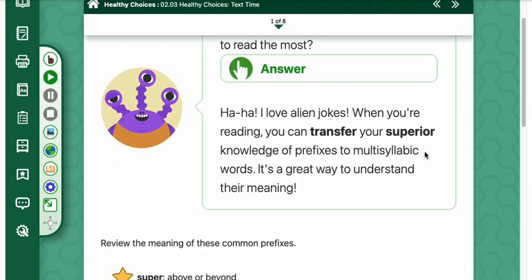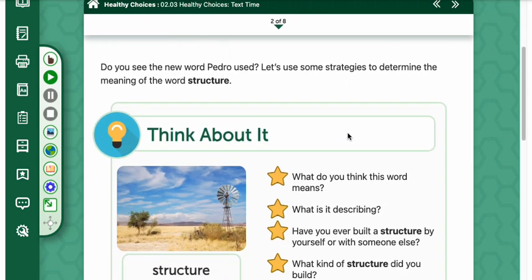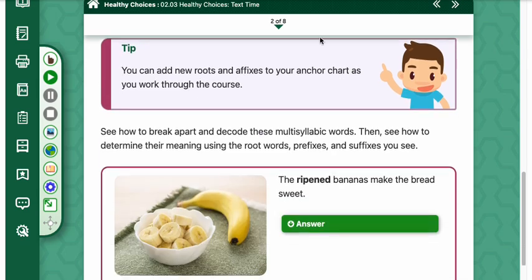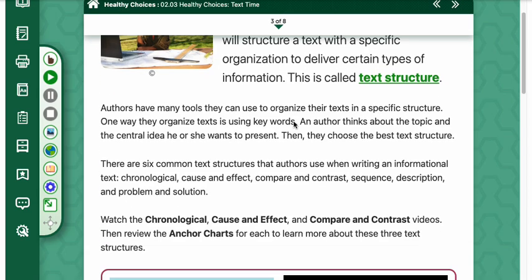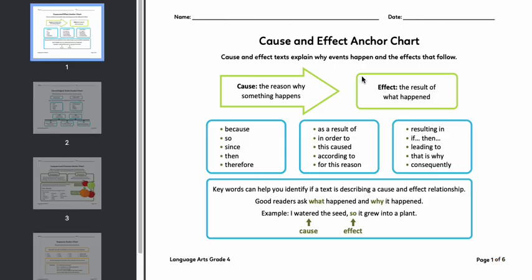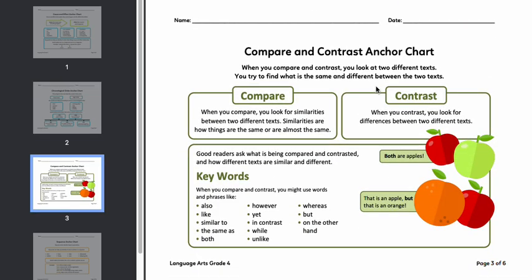So as we're going through, we are going to review different ideas about text structure. You'll have some vocabulary review. There's an anchor chart right here that I think is an awesome one for you to print off and put in your English Language Arts journal.